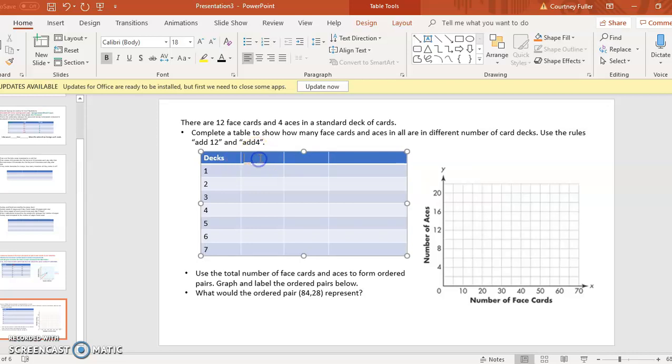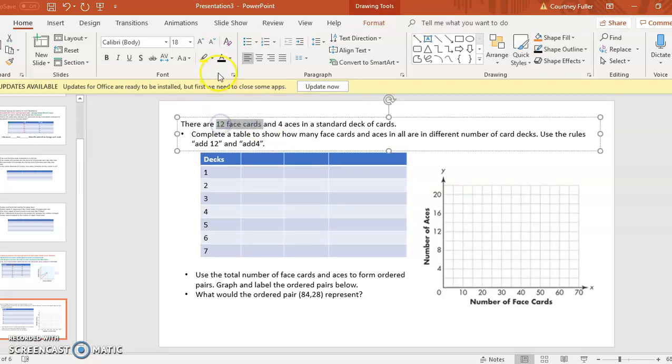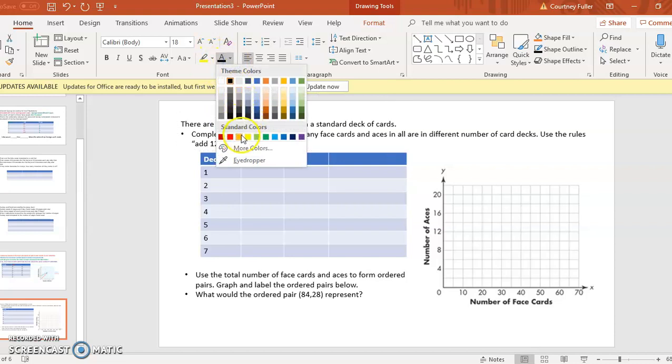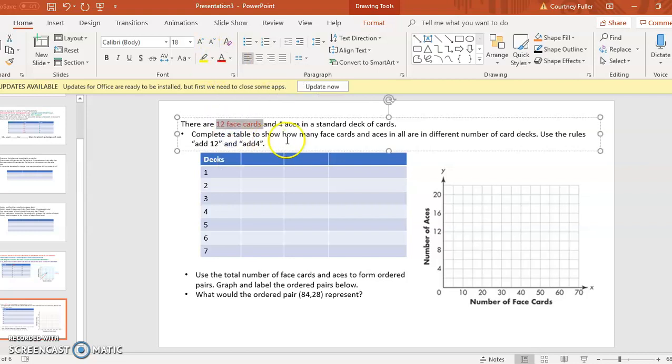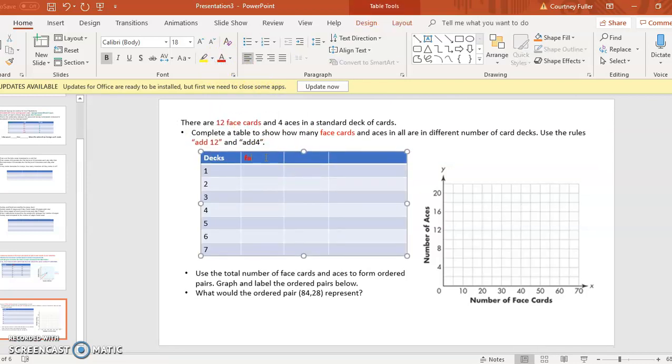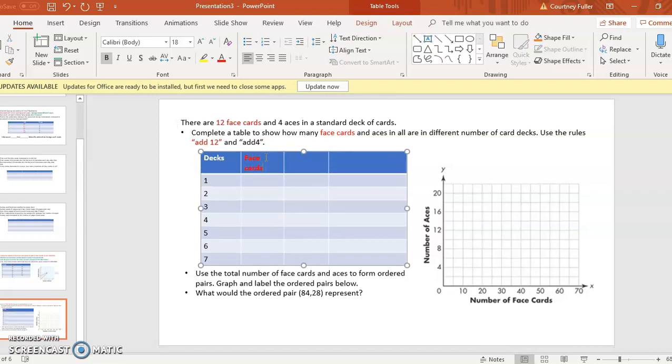Now, this first column is going to be our face cards. There are 12 face cards in each deck. Those are face cards, so we're going to use the rule add 12. And those are our face cards. This third column is going to be our aces.